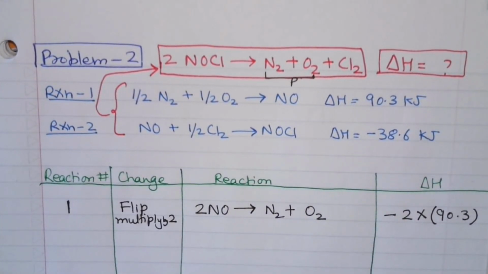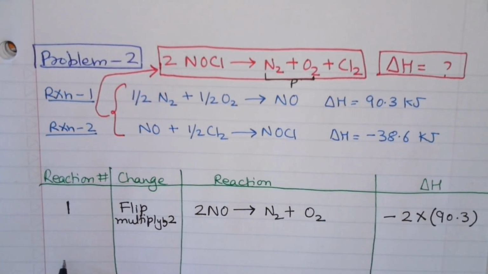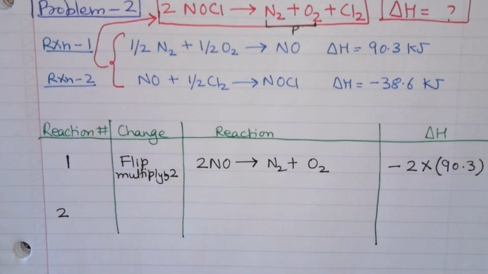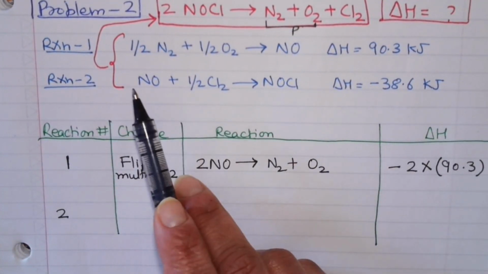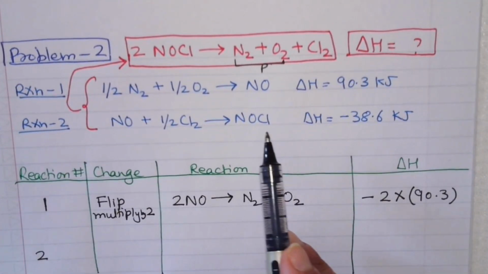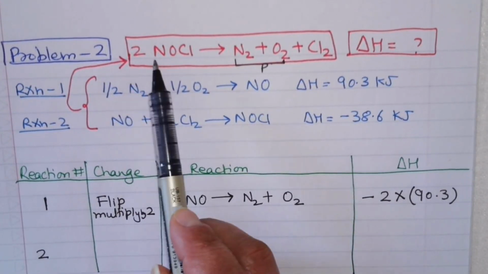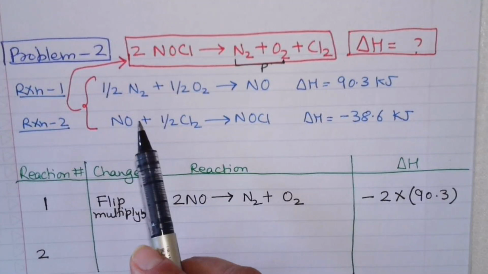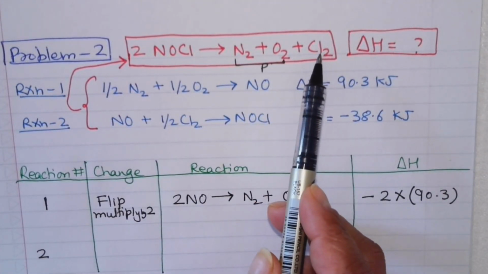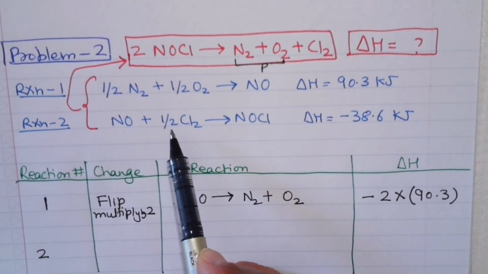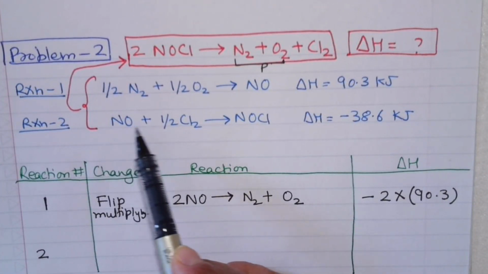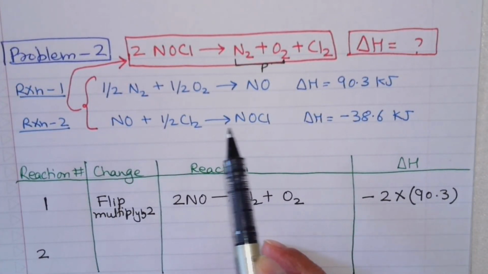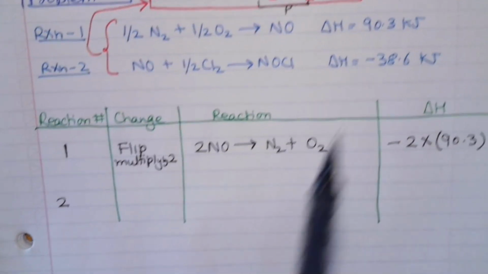Okay. Now let's see what we need to do to reaction 2. So in reaction 2, we have NOCl on the product side, and look, we have NOCl on the reactant side, so we need to flip. And when we have 1 Cl2 and we have half Cl2, we need to multiply this whole equation by 2, and we need to flip reaction 2 as well.